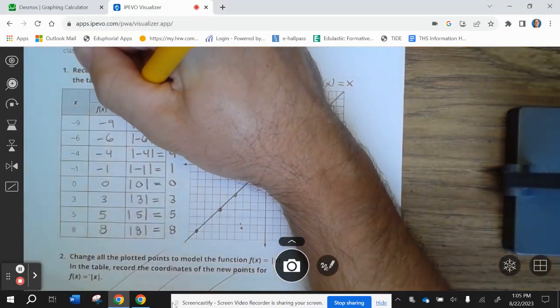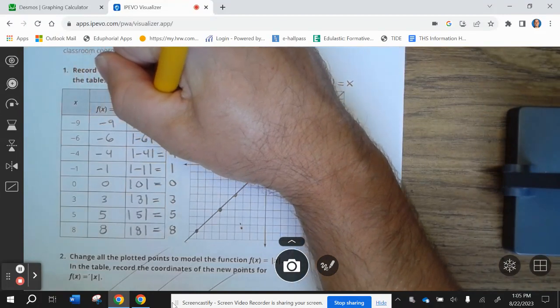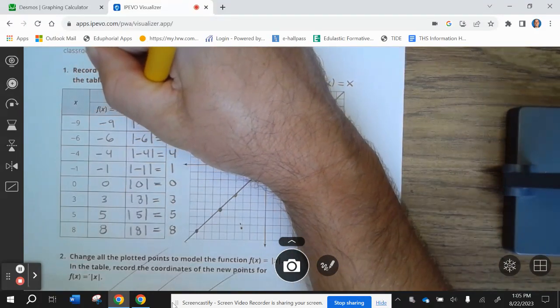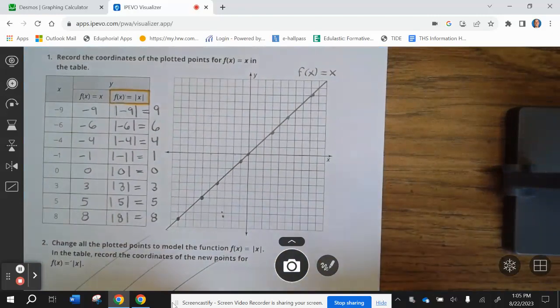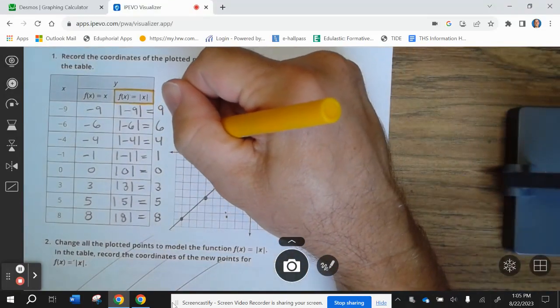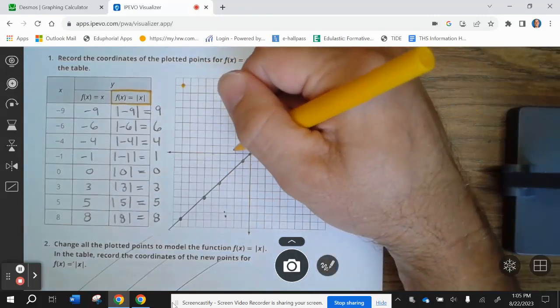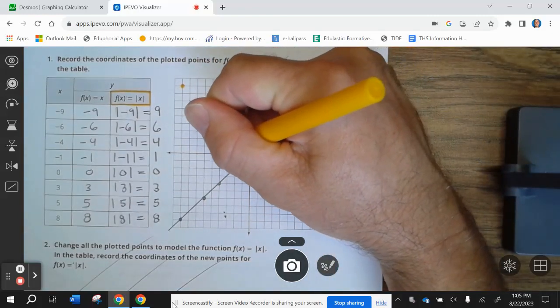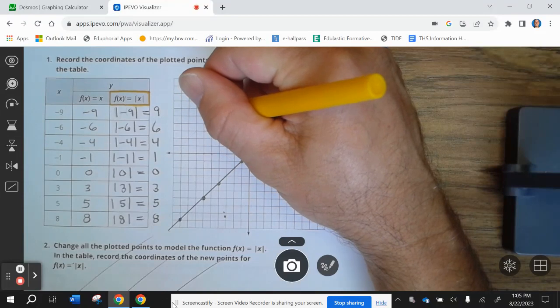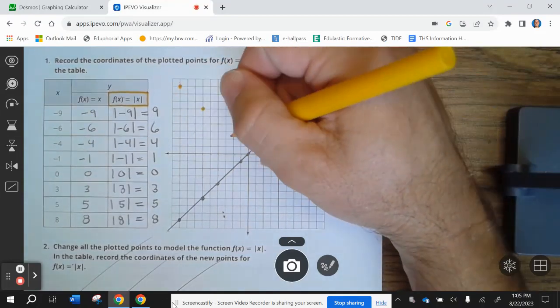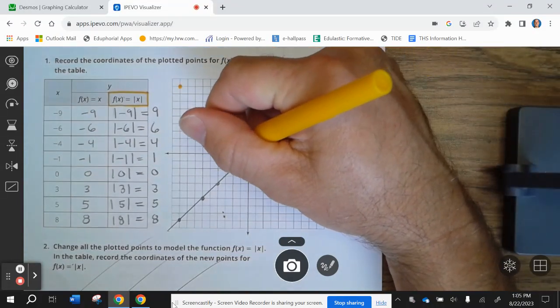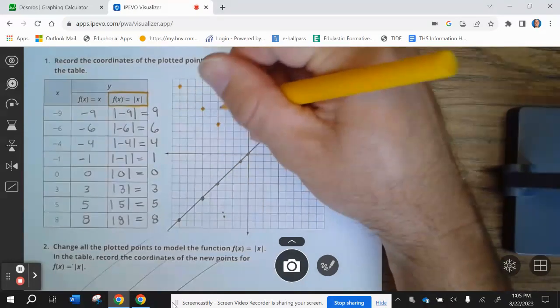And let's go ahead and do the absolute value in yellow. Okay, so negative 9, 9. Negative 6, 6. Negative 4, 4.